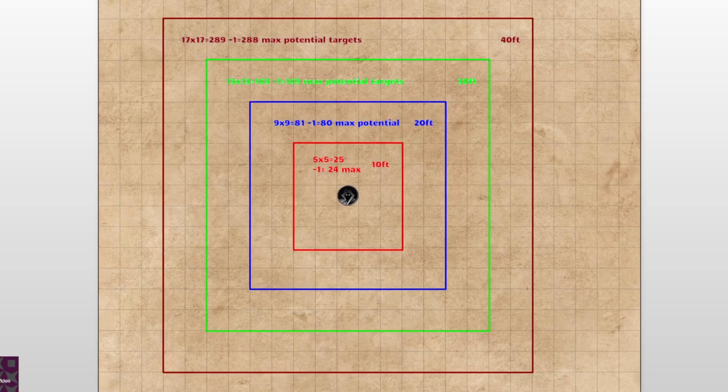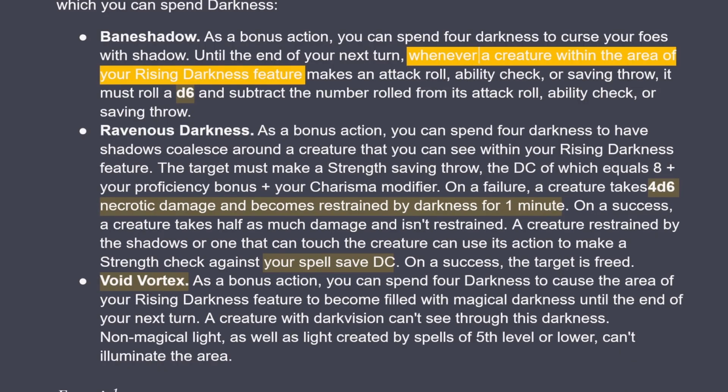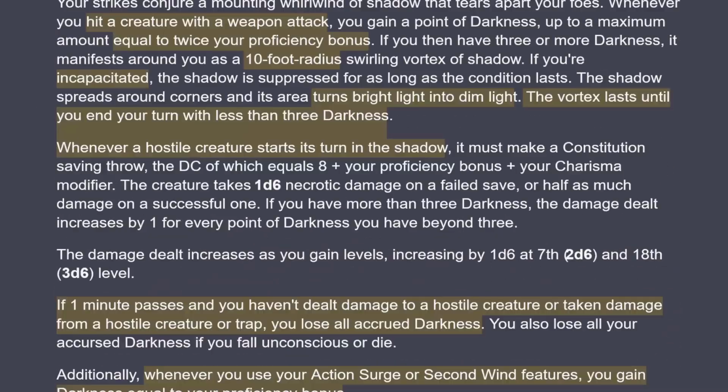The biggest problem with this is just the wording. It says whenever a creature within the area of your Rising Darkness feature. So who are creatures within the area of our Rising Darkness feature? It says it manifests around you as a 10-foot radius. So I think my idea to fix this and call it an emanation would actually make it worse for us.